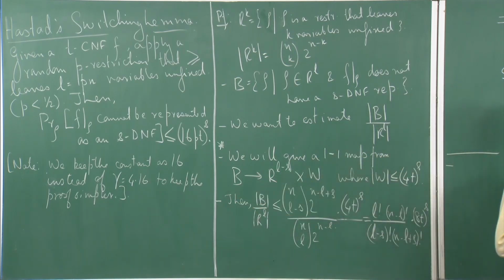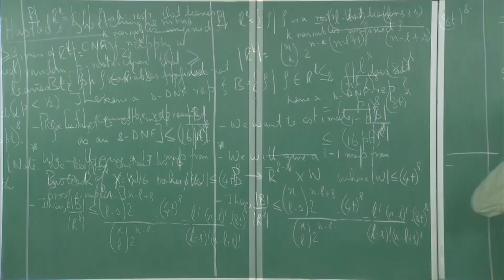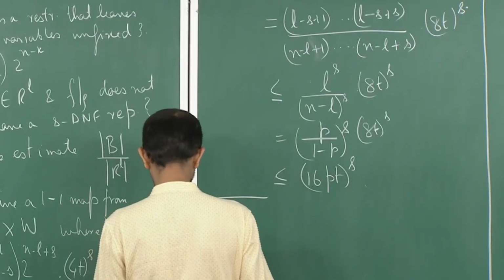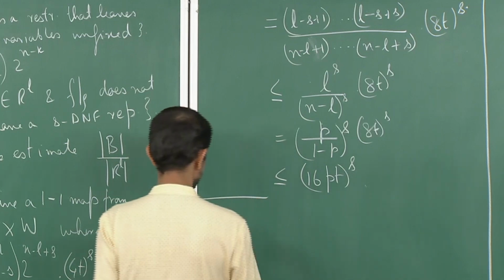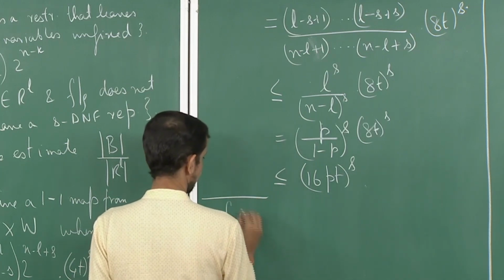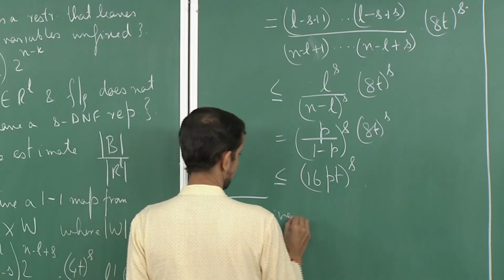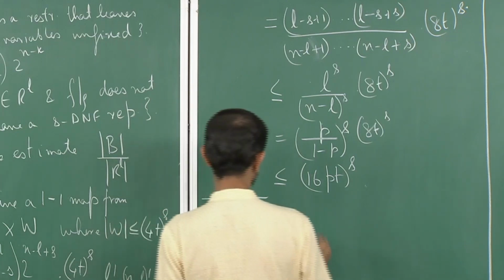That shows that it is a 1 to 1 function. That is essentially what we will do. So f is given as a TCNF.